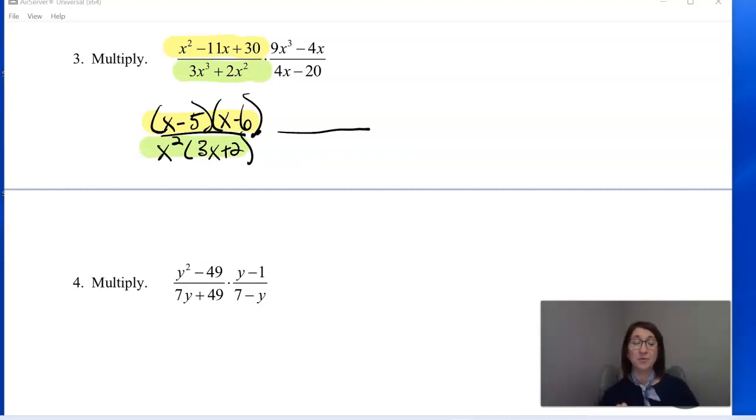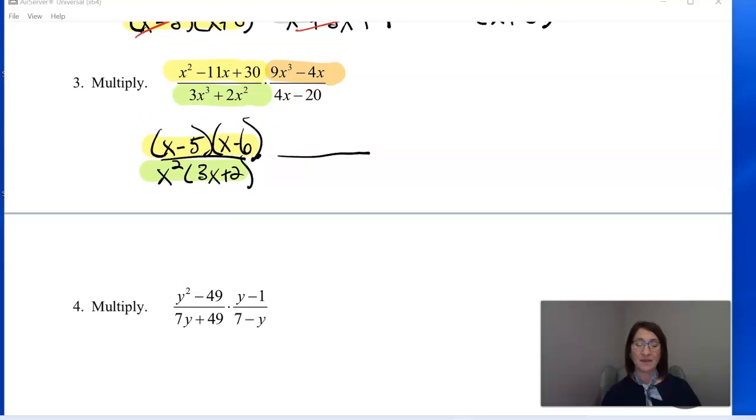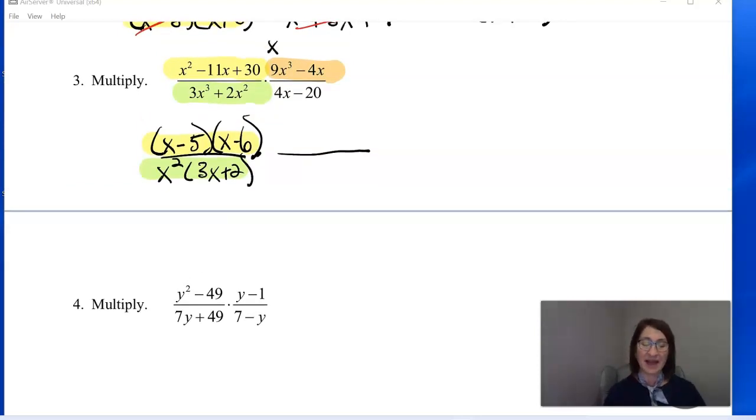Now I've got the numerator of my second rational expression, and if I take out an x, so let's be careful with this, I would be left with 9x squared minus 4. Well, that 9x squared minus 4 is a difference of 2 squares.